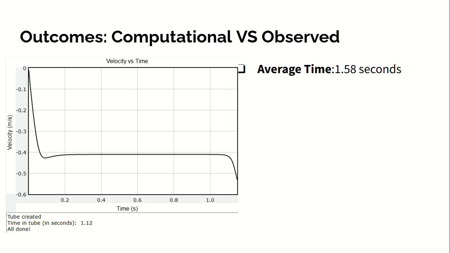But something else, the bar magnet could end up spinning, which changes the direction of the magnetic field and induced current, which changes velocity and such. So in the computational model, it is straight up and down. In the observations, it could have spun, flipped, done all sorts of different things to change.